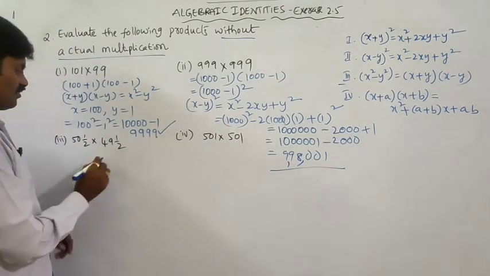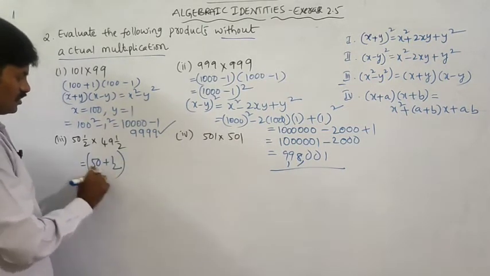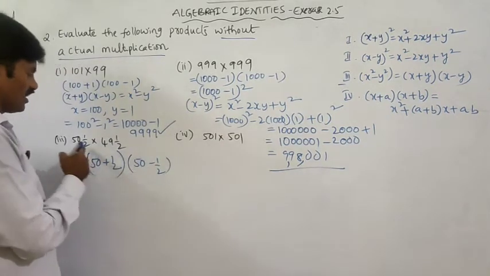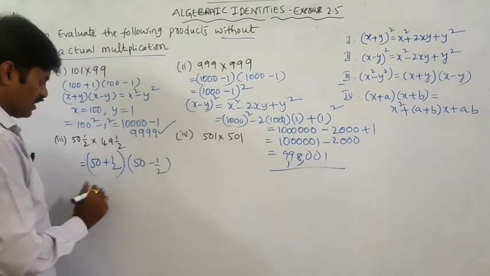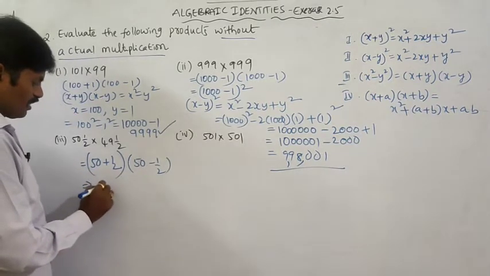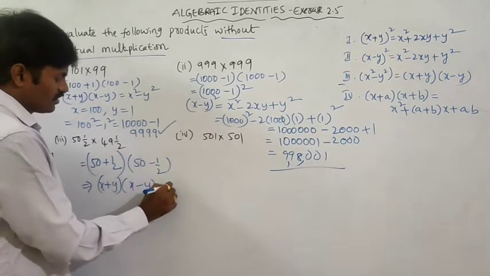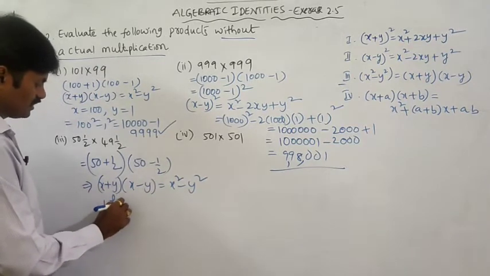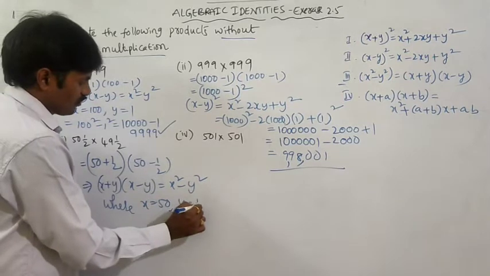Similarly, 50 and half into 49 and half can be written as (50 plus half) into, how can you write 49 and half? (50 minus half), it is very near to 50, these values. So it can be written as (x plus y) into (x minus y). So the formula is (x plus y) into (x minus y) is equal to x square minus y square, where x is equal to how much? 50, y is equal to half.